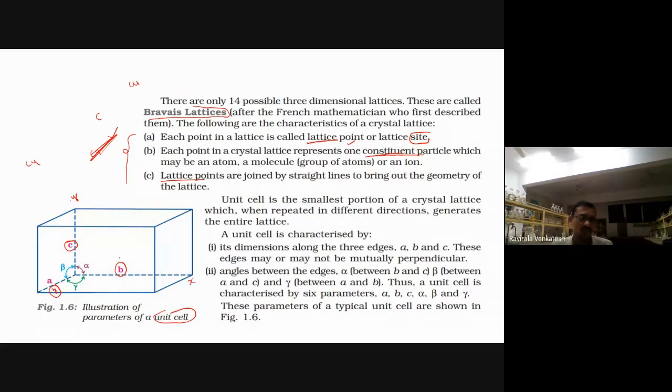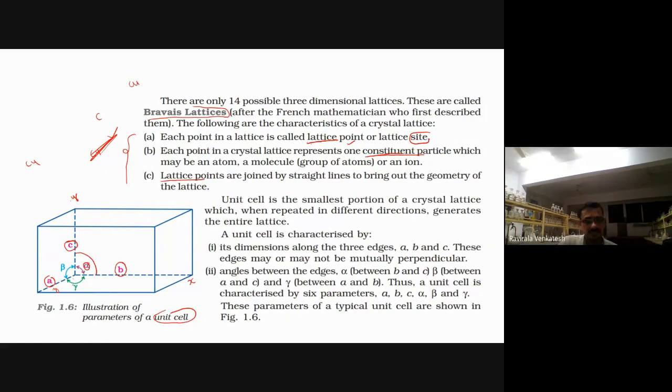So what I'm saying is, the point on the x-axis you are calling B, the point on the y-axis you are calling C, and the point on the z-axis you are calling C, like this one. This is the z-axis. Now the angle between the x and y axis you are calling alpha.